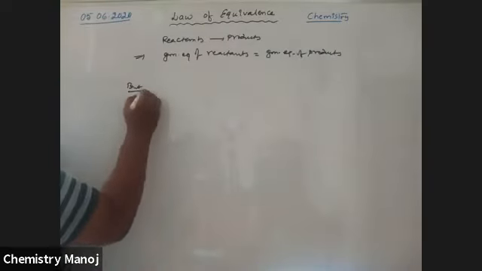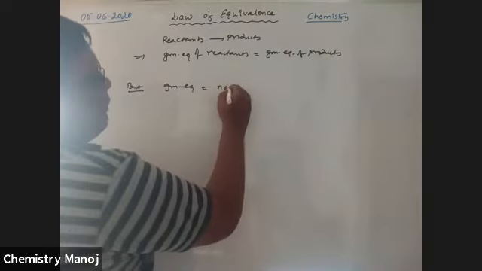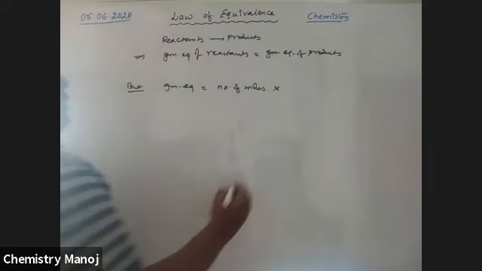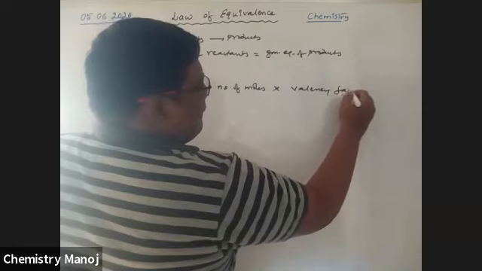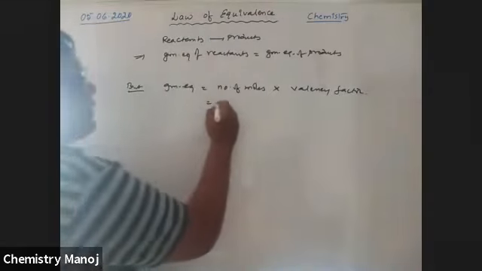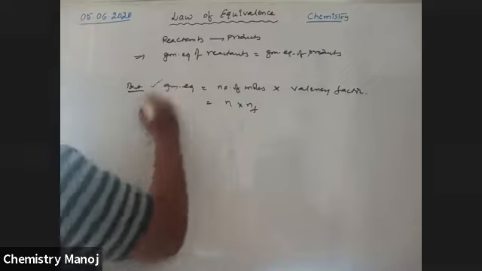But gram equivalence is equal to number of moles into valency factor. That is, it is simply taken as n into n factor. So this is one formula.